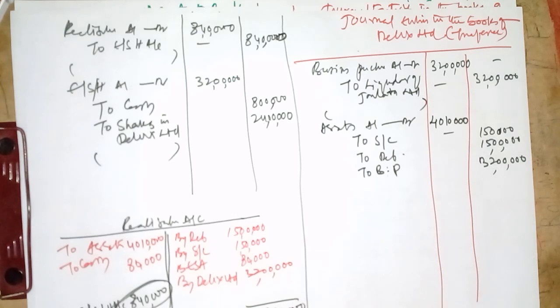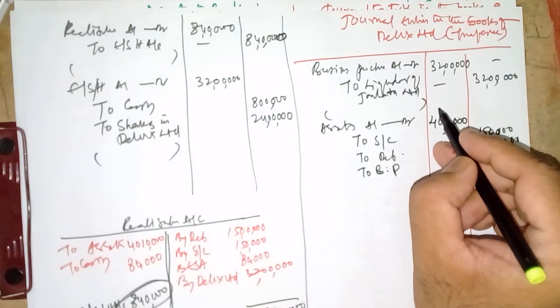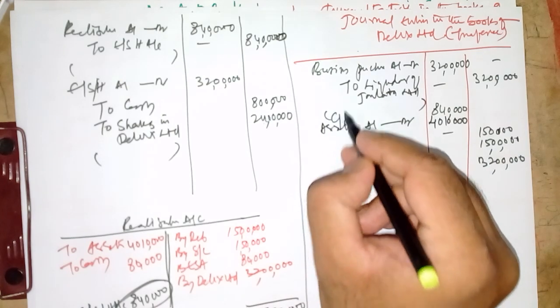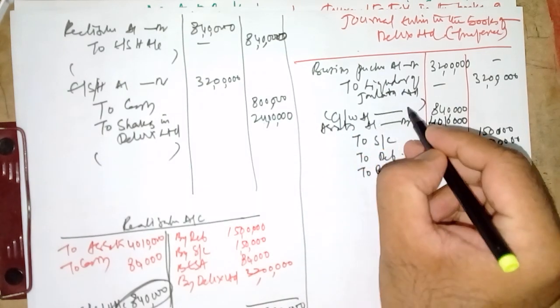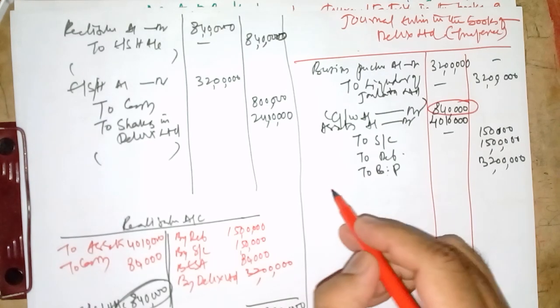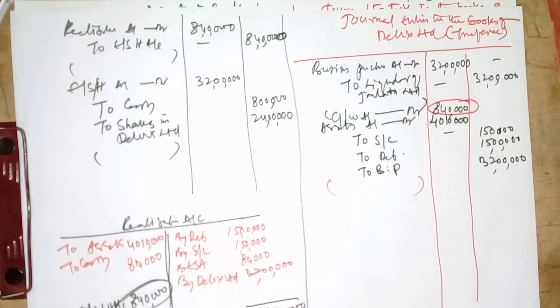So we are getting the balancing figure on the debit side, that is 8,40,000. So this should be written as goodwill account debit. So how much excess payment we've made will be transferred to the goodwill account, right? So the balancing figure goes to the goodwill account.